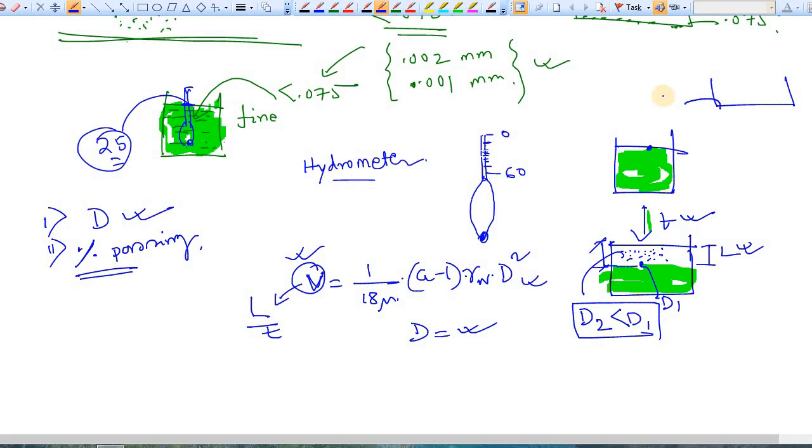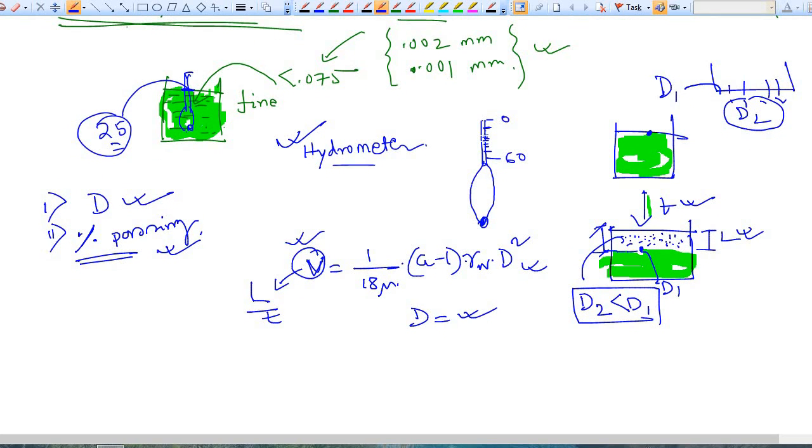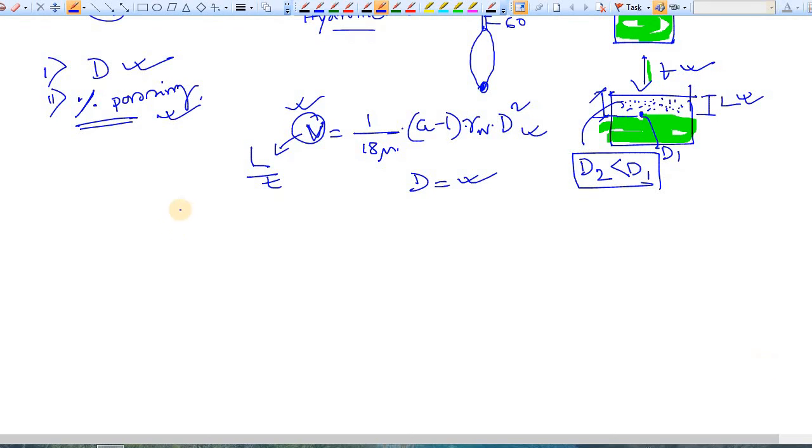If this is the size d1, you will get particles of smaller size d2 at the bottom, but here you are getting them at the top, just the reverse case. The hydrometer is made on such a principle that it will give you this value, the percentage of passing. The detailed mathematics involved in this hydrometer technique is the scope of a different lesson, or a separate video can be made on this.